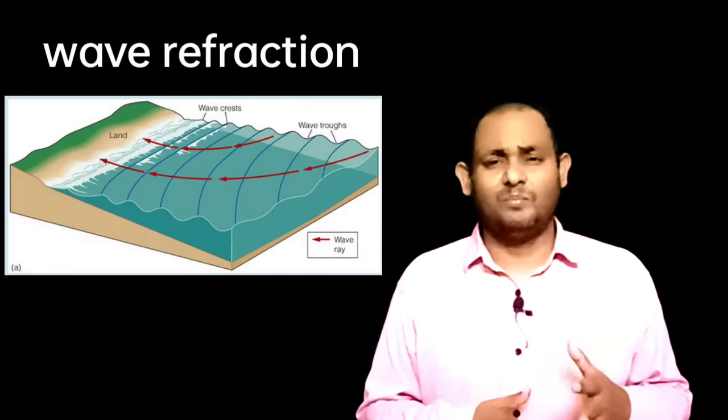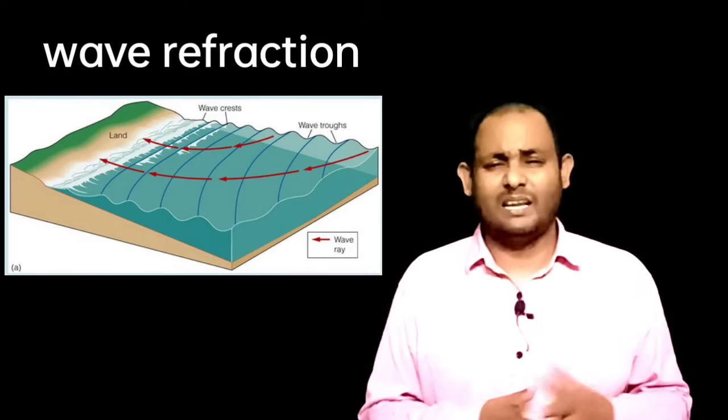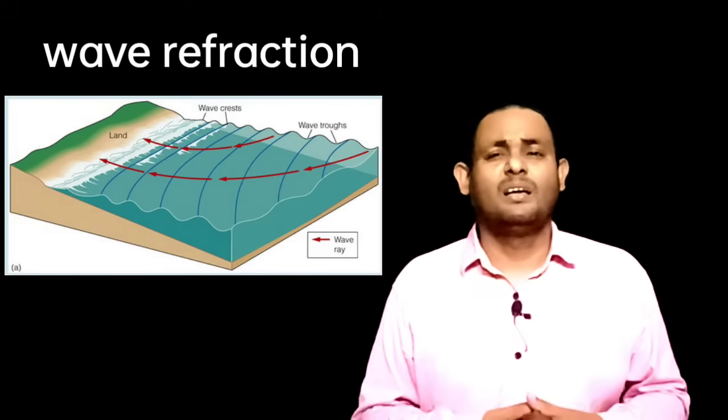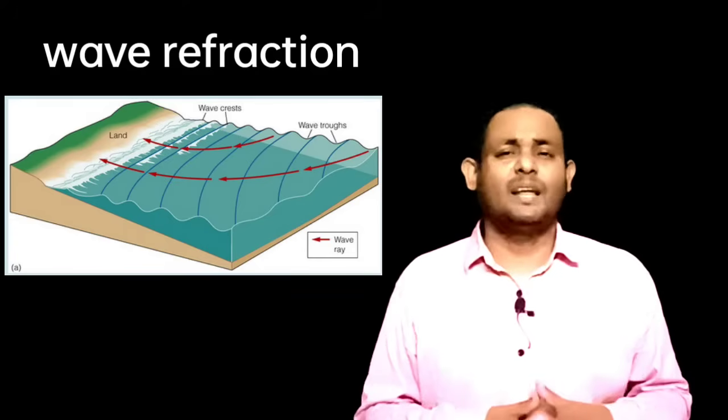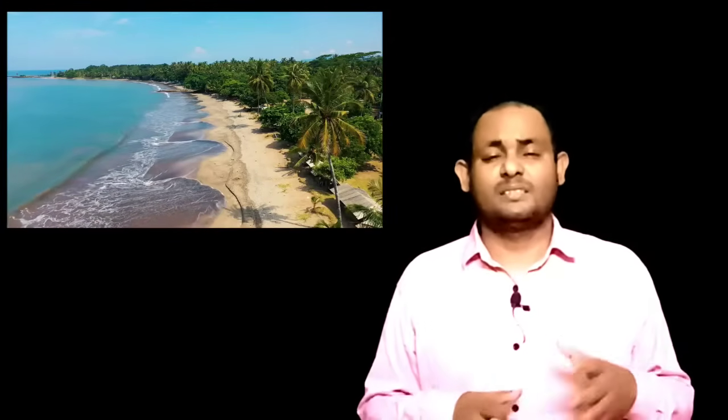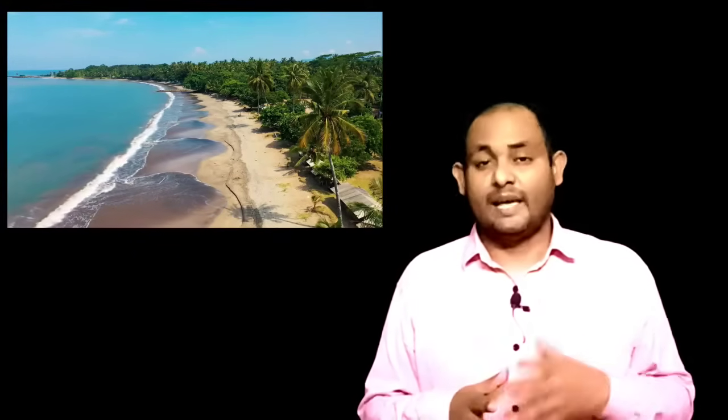If the coastline is highly irregular and indented, characterized by bays and headlands, the approaching wave crests break at the headlands earlier due to the shallow depth of water, while the crests of some waves enter the bays due to the relatively deeper water.